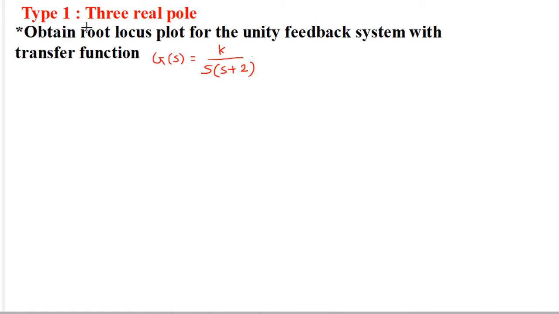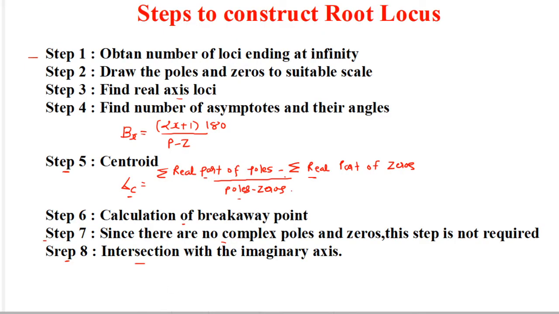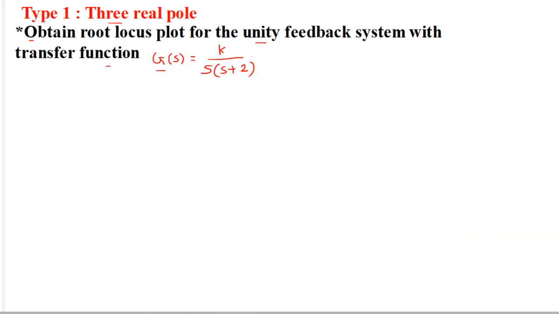Here is a type 1 system with real poles. The first example is: obtain the root locus plot for the unity feedback system with transfer function G(s) equal to K upon s times (s plus 2). Now we know the 8 rules to construct a root locus.